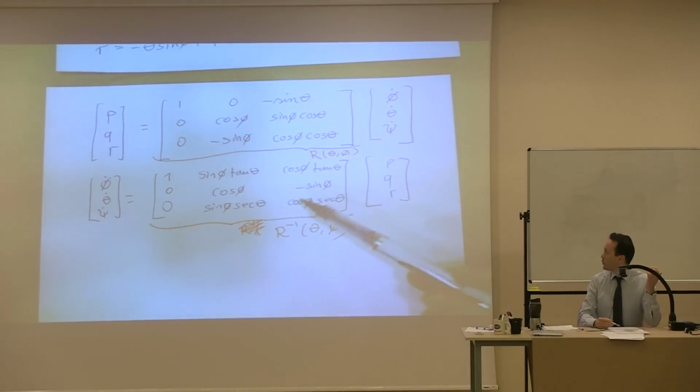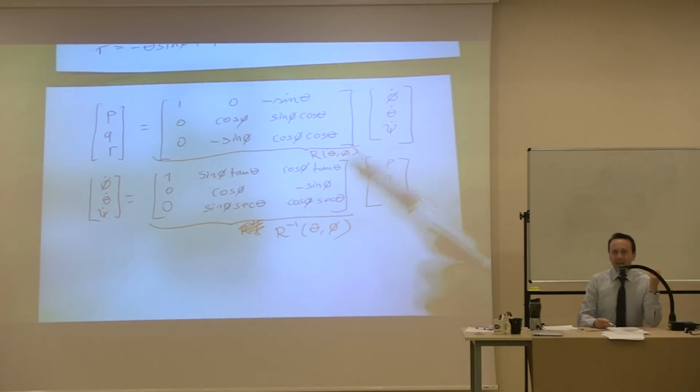For instance, this one here. I would either ask you to obtain this matrix, so then you will get points for that, or derive it, or I will give it to you.